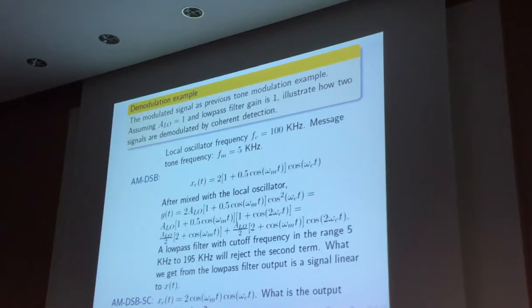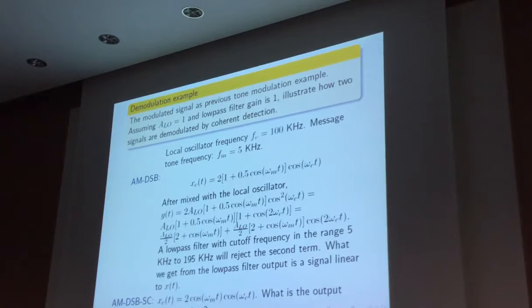Okay, so this 2 cancels out with this 2 here in the denominator. What we are left with is A_LO cosine omega_m t multiplied with this summation term. And consider that A_LO equals 1, right? So we don't need to consider A_LO anymore because it's equal to 1. So what's left is just this one, cosine omega_m t multiplied with this summation term, which is from the numerator of this factor here. Okay?